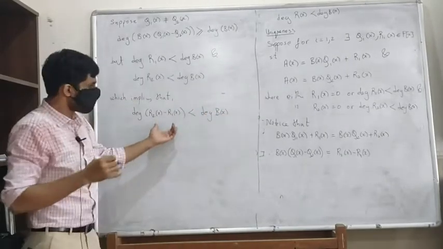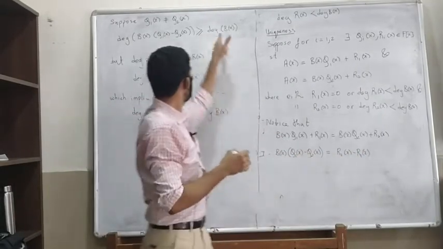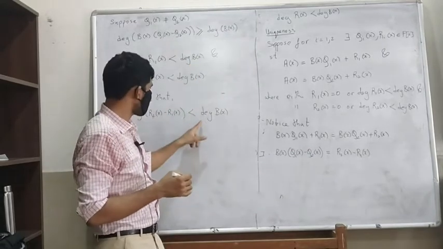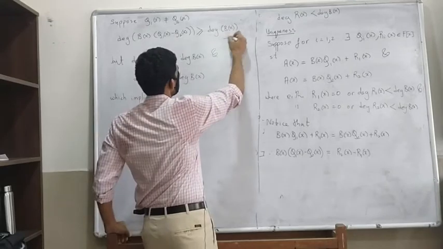This is a contradiction, right? Because these two are equal, but this one has degree greater than or equal to B of x, this one has degree less than B of x. So this is a contradiction.